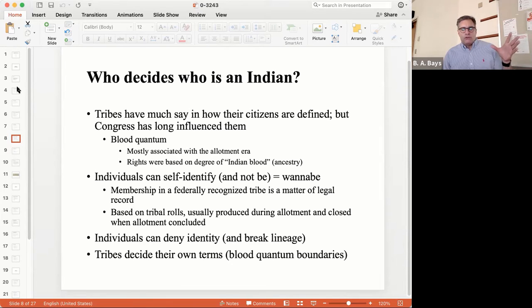But the rolls had to be drawn up. The rolls of the potential allottees had to be created first, and so typically those rolls of individuals would be the proof that those people were owed an allotment.